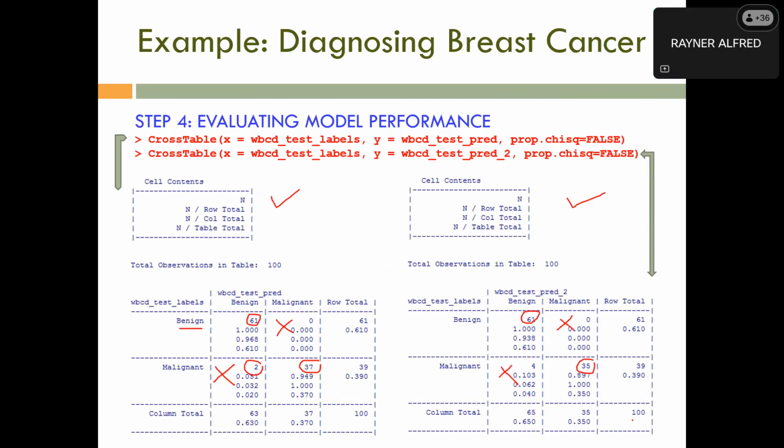Okay. So for this one, because we have 2 errors, the accuracy is 98%. For this one, the accuracy is 96%. Okay. So different K will give you different accuracy.